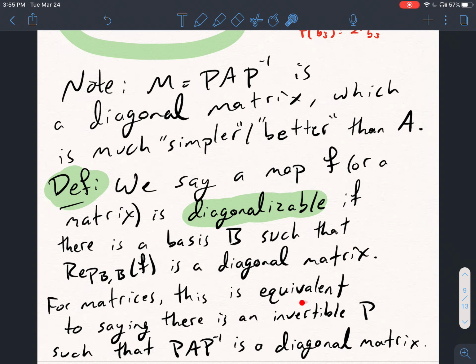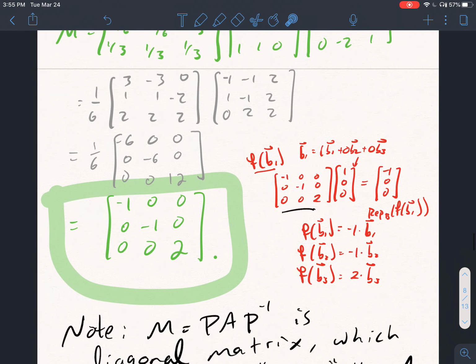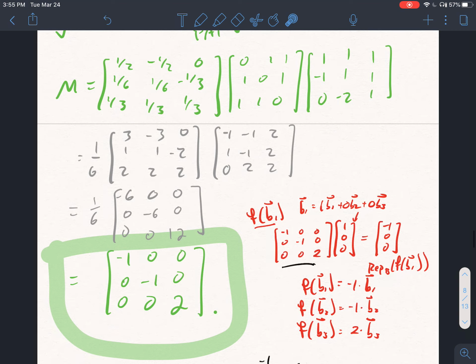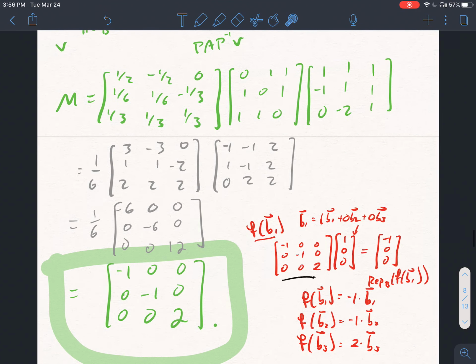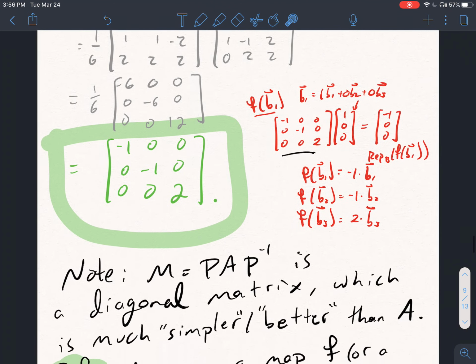So for matrices, this definition just says that we can do the same thing that we had up here. So we have M was equal to PAP inverse, and that gives us a diagonal matrix. So this matrix right here is a diagonalizable matrix.